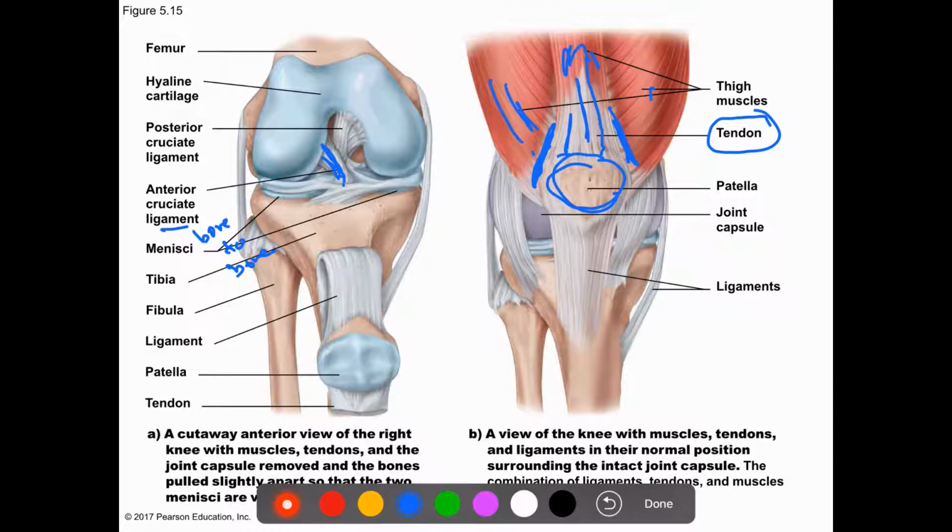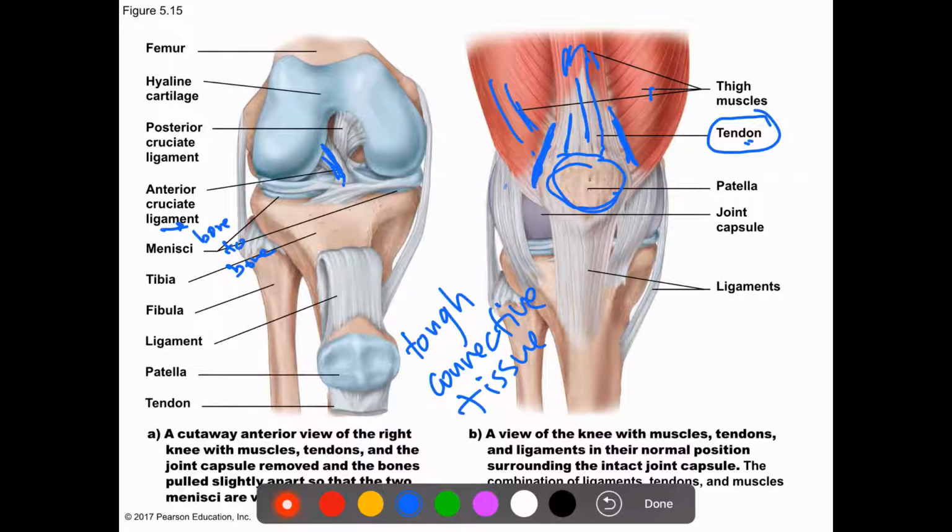Now, both tendons and ligaments are made of very thick, very strong, very tough connective tissue. So they won't tear up under pressure or under stretch or during rough exercises.